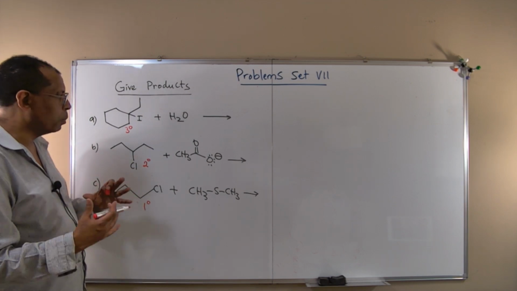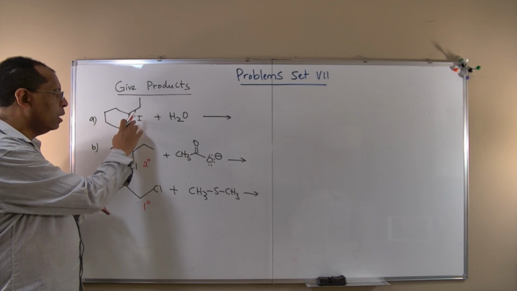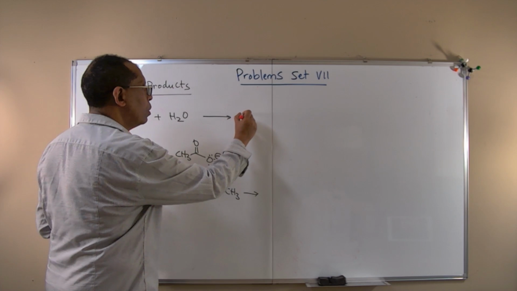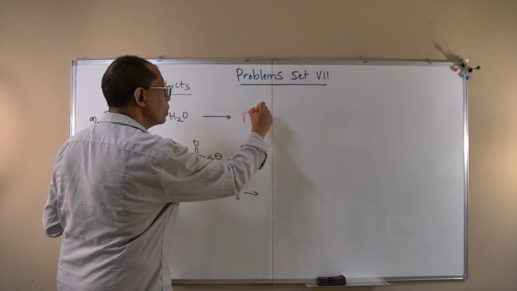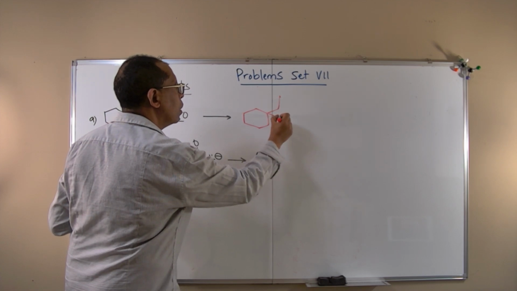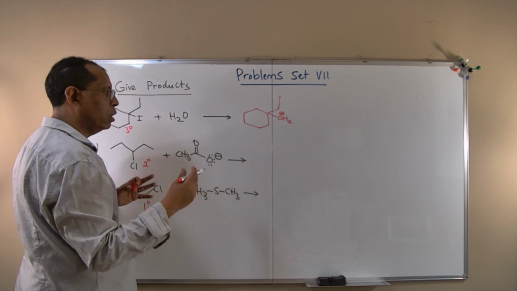This is very simple. So if you remember, water could replace this. So that's the substitution reaction. So the product should look like this. OH2 plus, okay, that's the initial one.